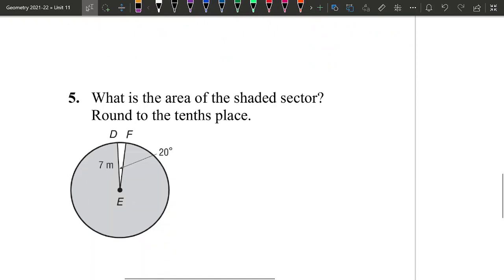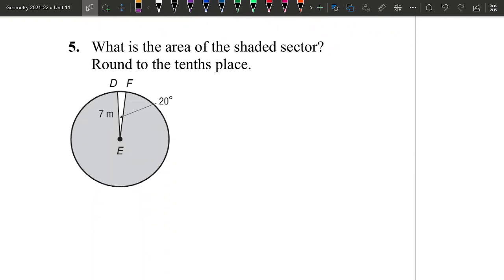All right, I have one more. This one is a little different because I'm looking for the area of the shaded sector. Well, this 20 degrees, that is not pointing at the shaded angle, right? That's the leftover piece.